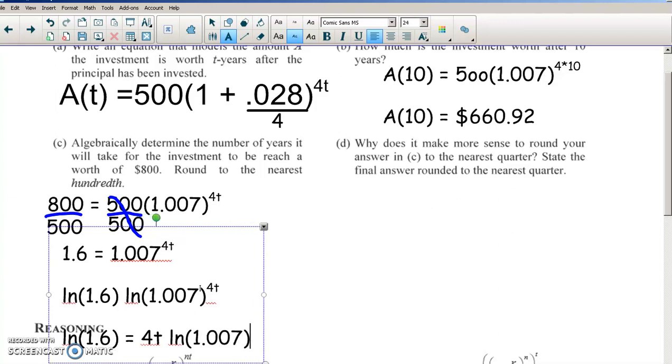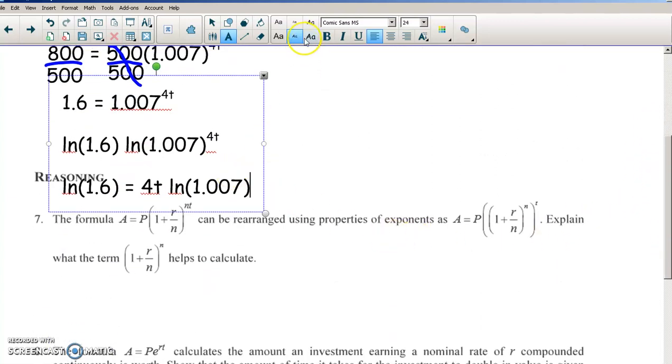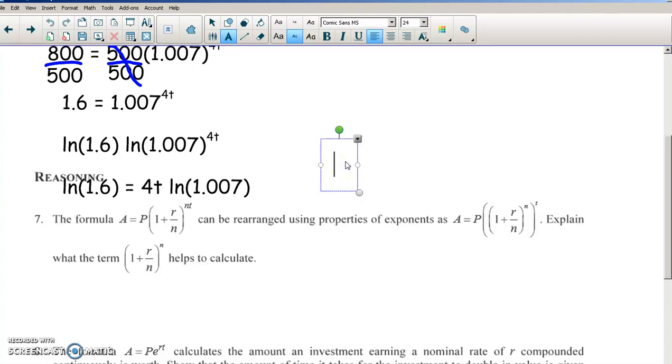So when I put the natural log on both sides, power rule brought the exponent down in front. Once that happens, then I can divide both sides by the natural log of 1.007.